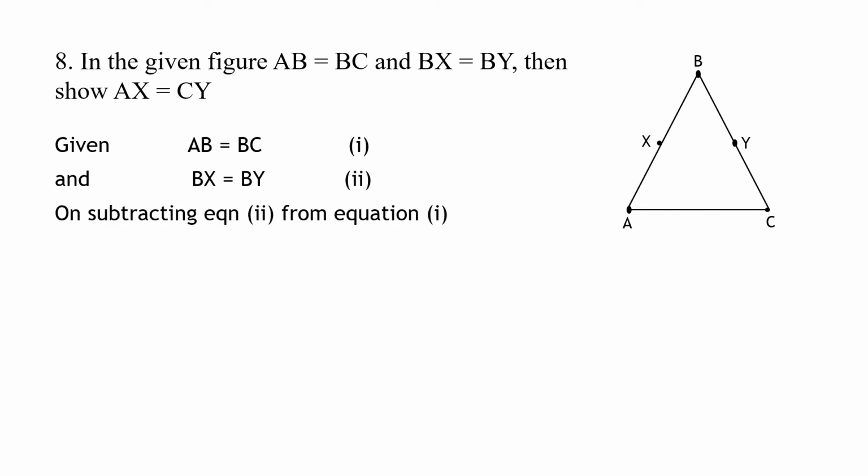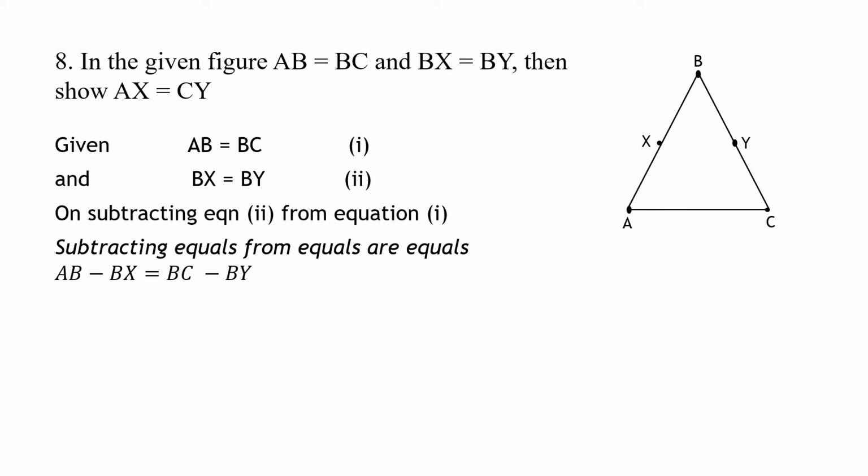Okay. Now we are subtracting equation 2 from equation 1. Why? Because subtracting equals from equals, they are equal. So we can subtract equation 2 from equation 1 and still they will remain equal. So we got AB minus BX on the left side equal to BC minus BY on the right side. Now look at the diagram. From AB, if you remove the BX, what remains?